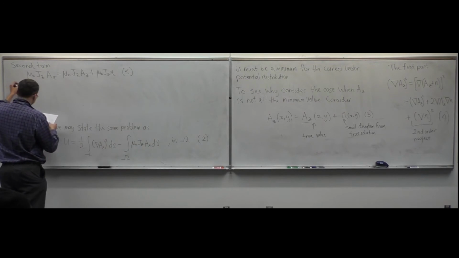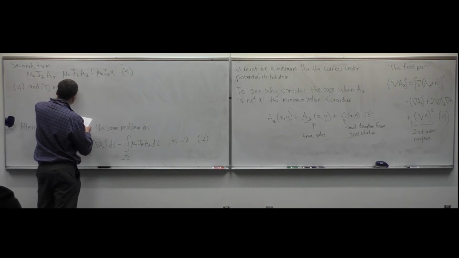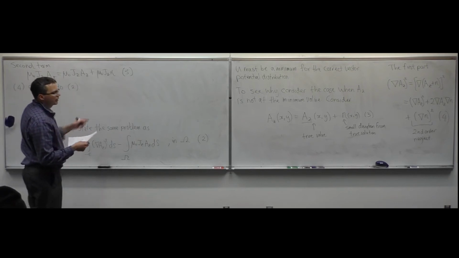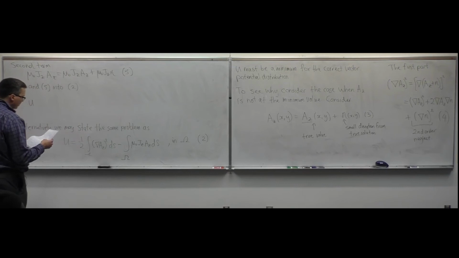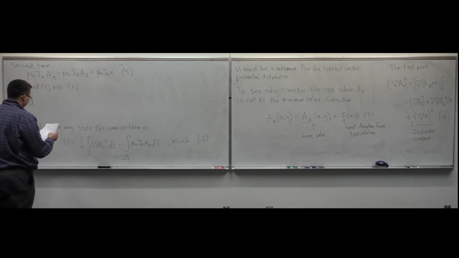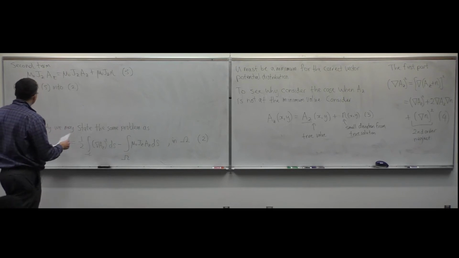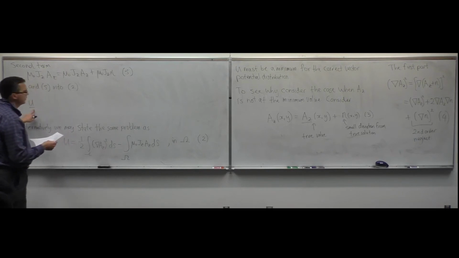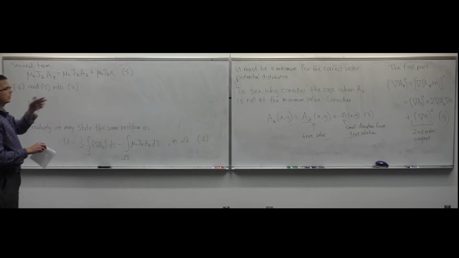So 4 and 5 into 2, and we neglect the second order term. Then I'll put a line under here to denote that it's got the perturbed equation in it.